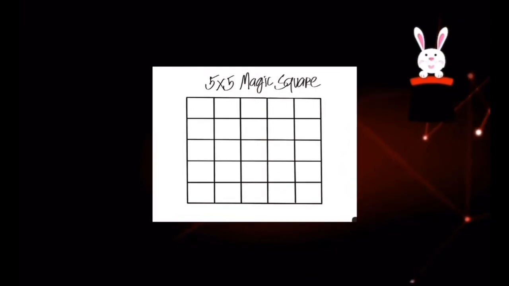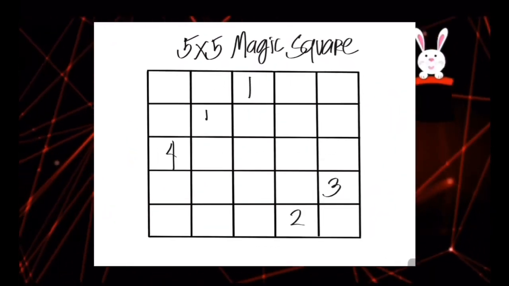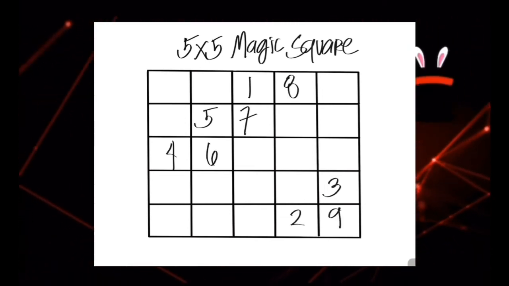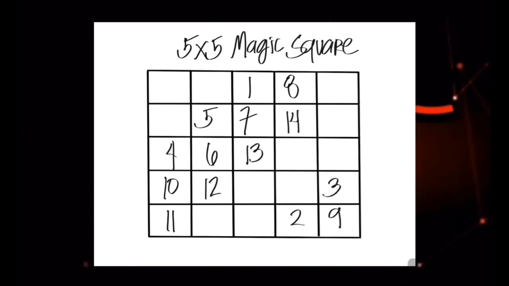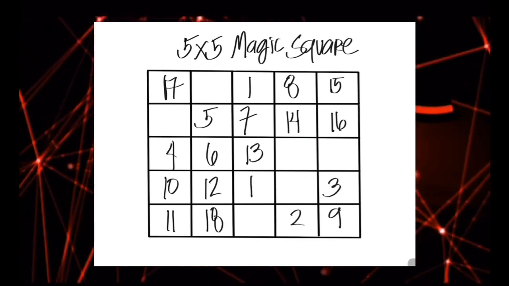So now, place 1 in the upper middle square, then go diagonally up to the right and add consecutive numbers until you reach a square that is already filled. Then just move down and continue the same process from the start until you complete the whole square.